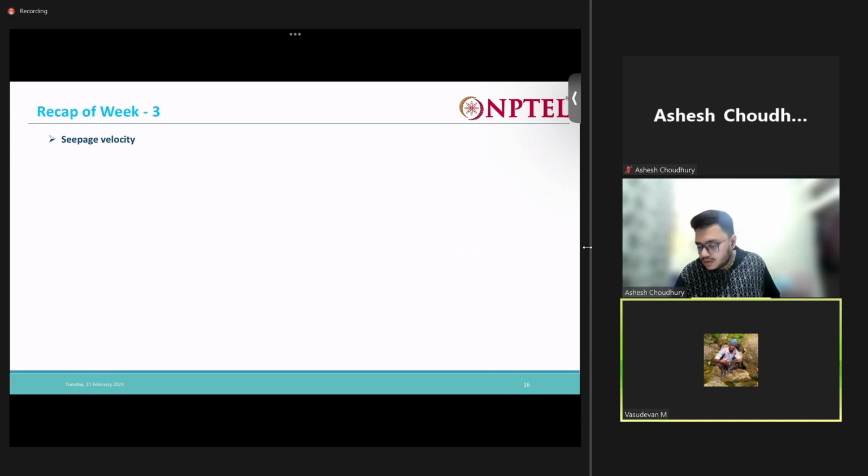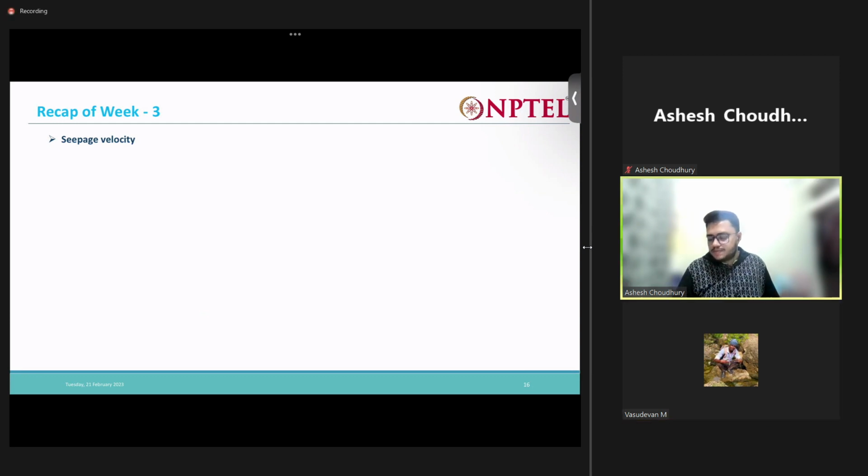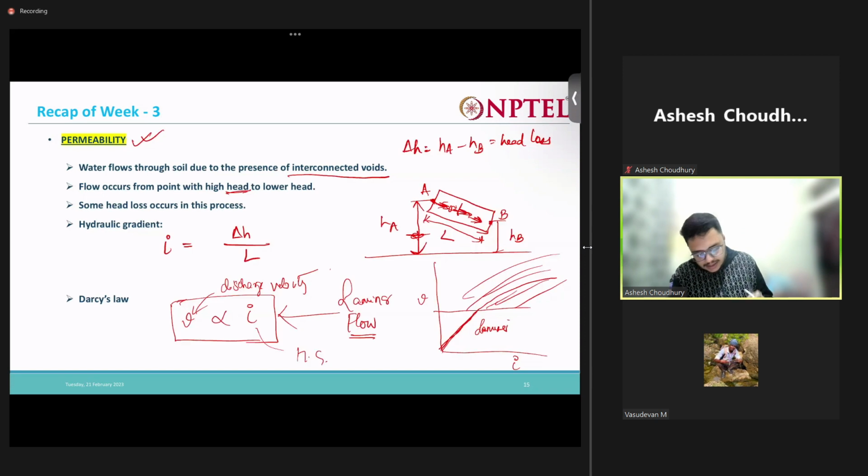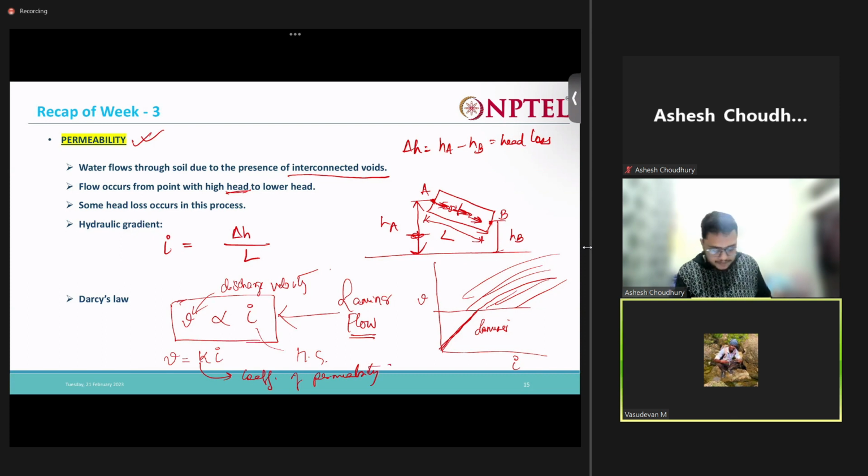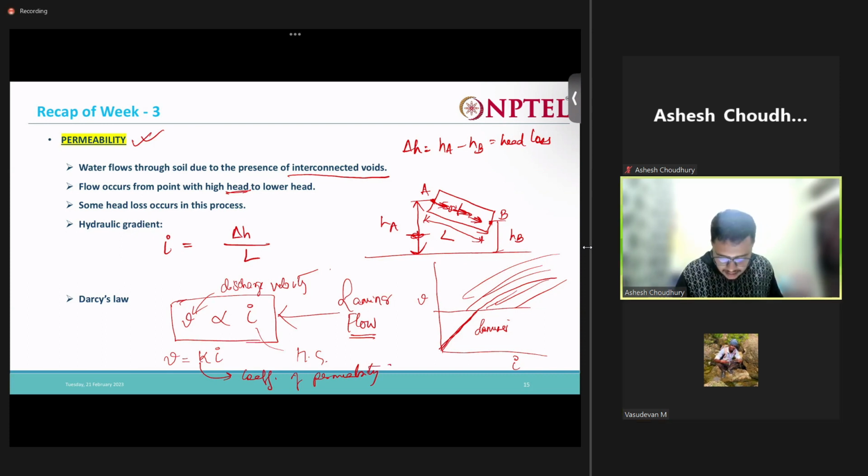But before that, v is proportional to i, so we can write v is equal to ki. So k is a constant, and k is called the coefficient of permeability. Can you tell me the unit of the coefficient of permeability?